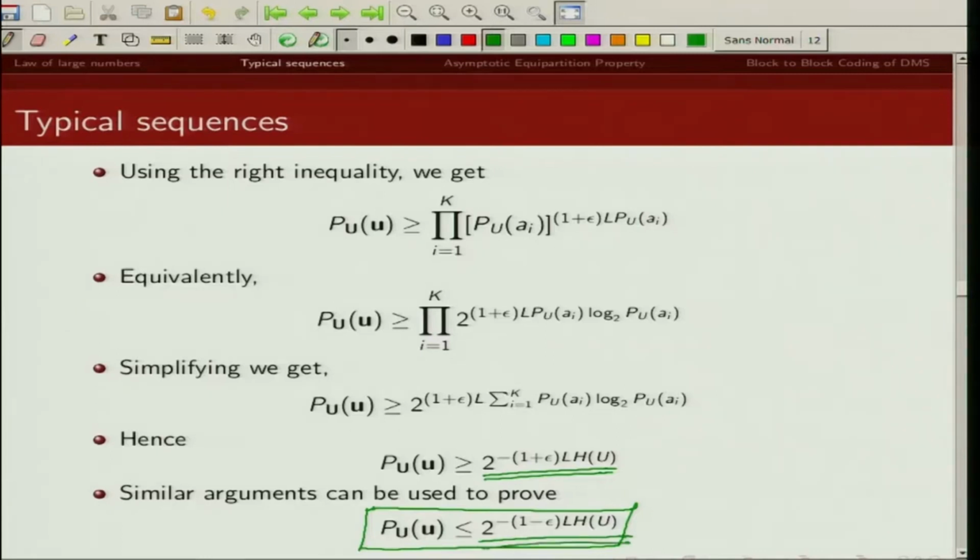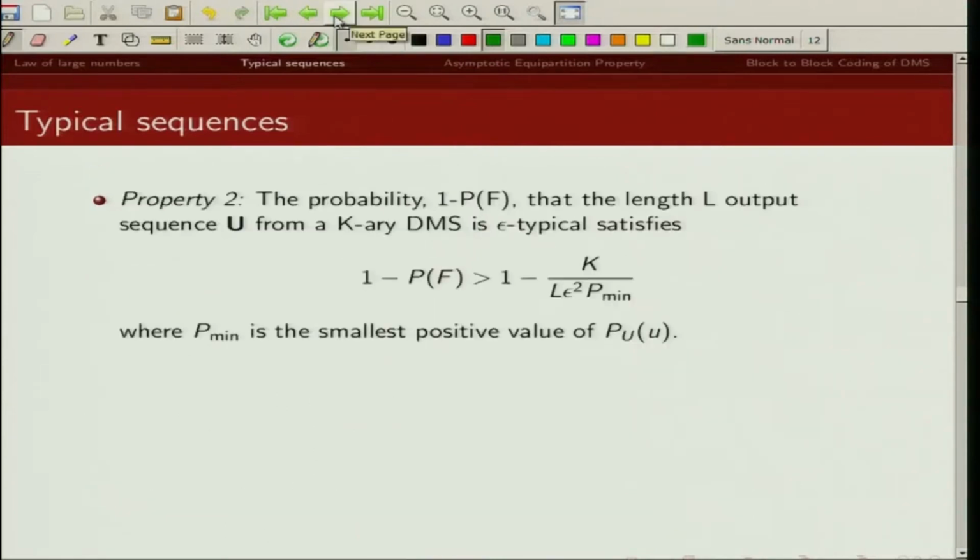Okay, so that's the first property of the typical sequence. It tells us what's the probability of occurrence of an epsilon typical sequence. The next property that we are going to show for a typical sequence is as follows.